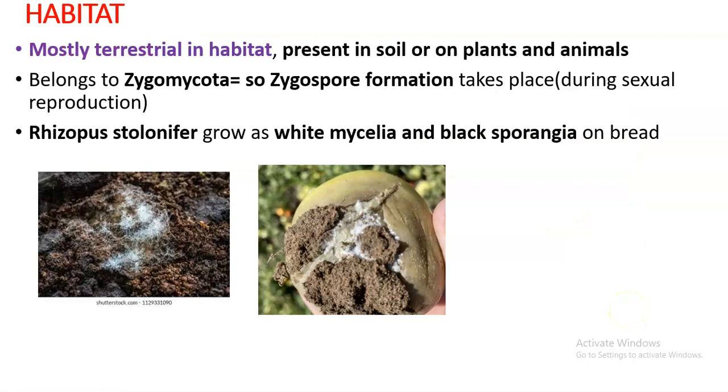Don't believe that it is only seen on the top of bread. No, it is even seen in soil. You can see this white colored mat. It is also seen in plants and in animals. It belongs to Zygomycota. So why this name? Because it forms zygospore during sexual reproduction. We will see that.